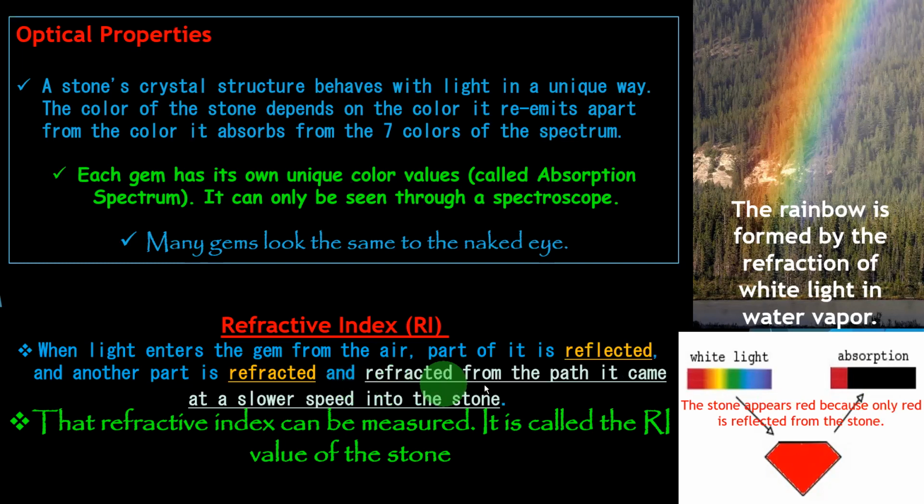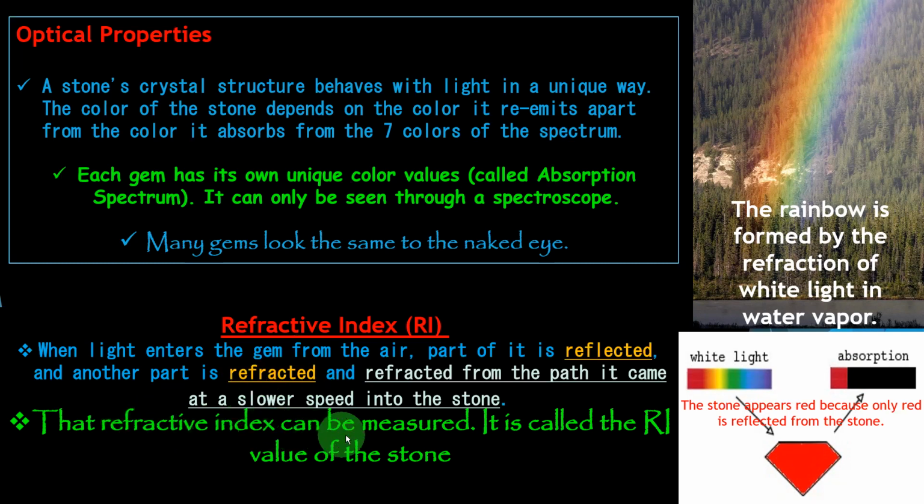When we started the lesson, we learned reflection and refraction. Then you can understand. The refracted part comes at a lower speed into the stone. Reflection speed is higher. Refraction speed is a little bit slower because of the medium.